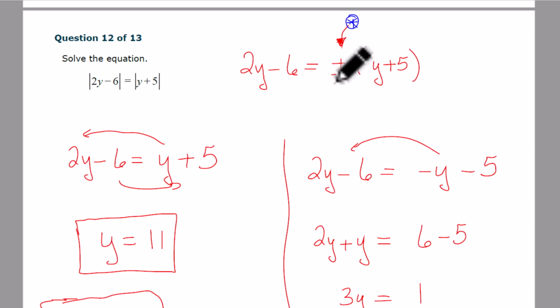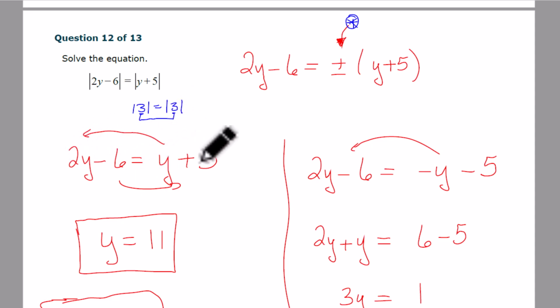Now you might say, well, why would you do that? That seems silly because here there is no plus or minus. Yes, this is the plus version. And this is taking care of something, for example, absolute value of 3 equals absolute value of 3. Notice this is true and the inside parts are equal.